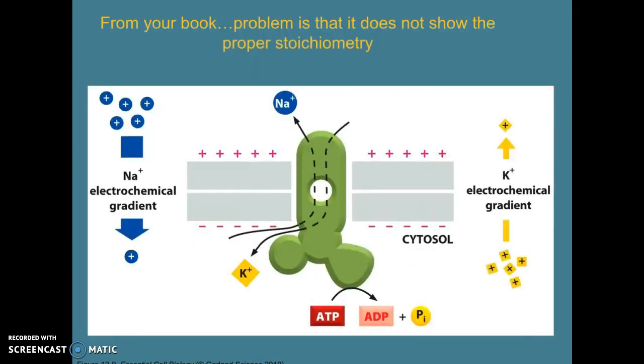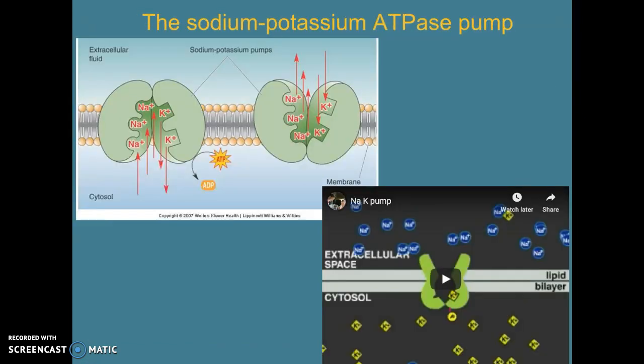And that's important to remember, that it's not just a chemical gradient, but also an electrical gradient. So we did talk about the actions of the sodium-potassium pump. We are going to burn 1 ATP for every 3 sodiums out and 2 potassiums in. If you haven't done so already, you're going to want to watch this video. Burn 1 ATP to pump 3 sodiums out and 2 potassiums in.